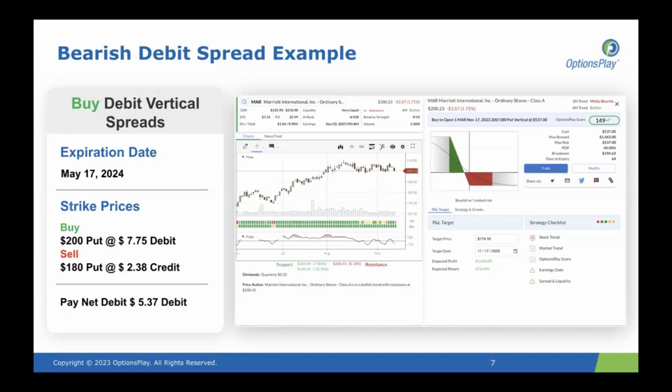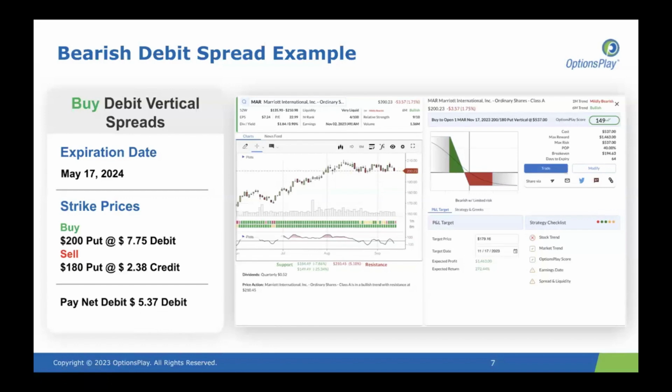I want to say that if it's trading for $5.37 or better, then you can fill my trade. And what that is, that's the difference between 775 minus 238, which is $5.37. And when you do that, that means that those prices have to line up in order for this trade to get executed.